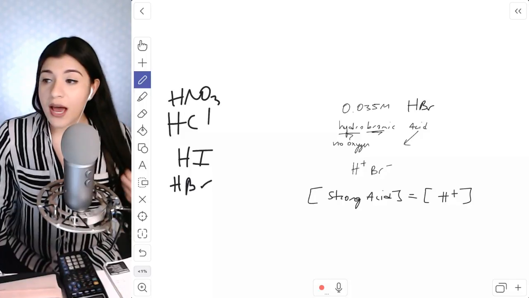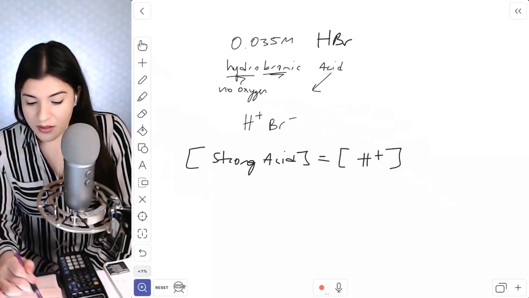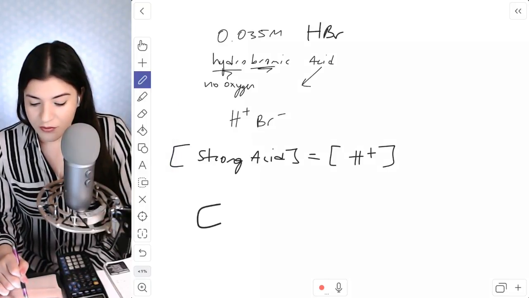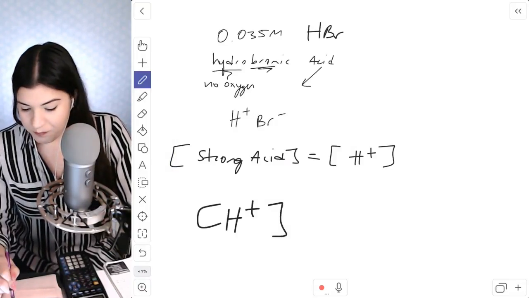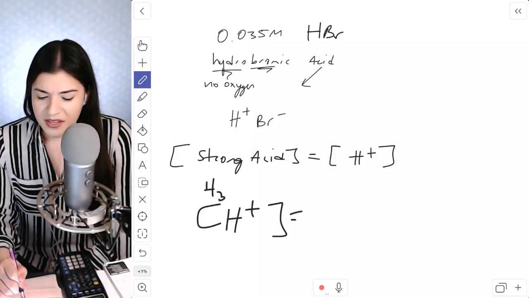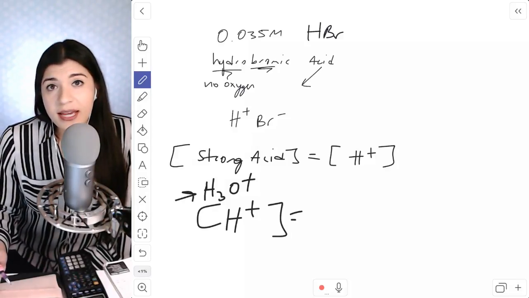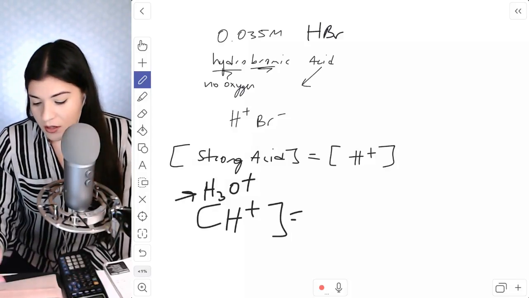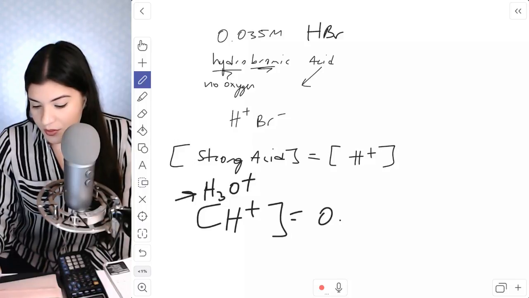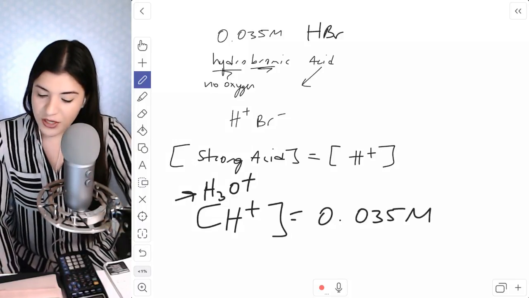But those are some of your strong acids, so that's how I knew that this is going to be the exact same concentration of hydronium or H+. Any single time I say hydronium, I mean this. This is hydronium, okay? And that's really just saying the acid concentration. So this is answering the first part, right? That I know is the acid concentration.